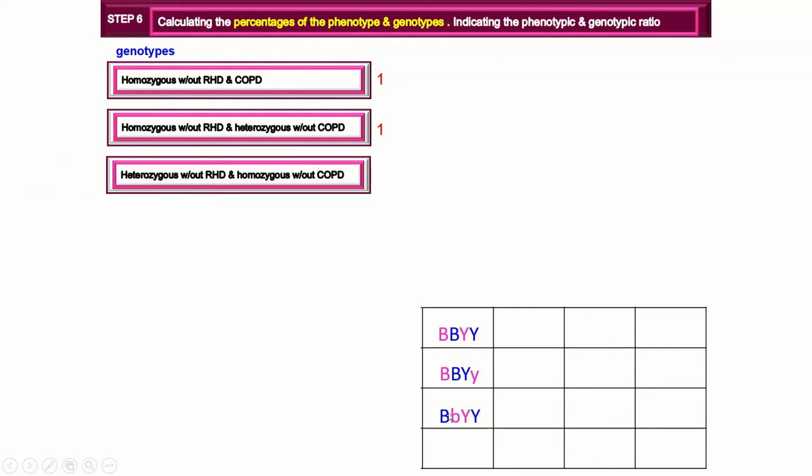Okay, so we have one. The next box is heterozygous without RHD and heterozygous without COPD.